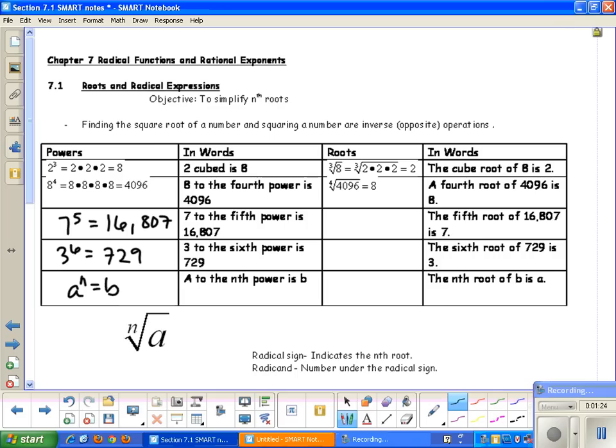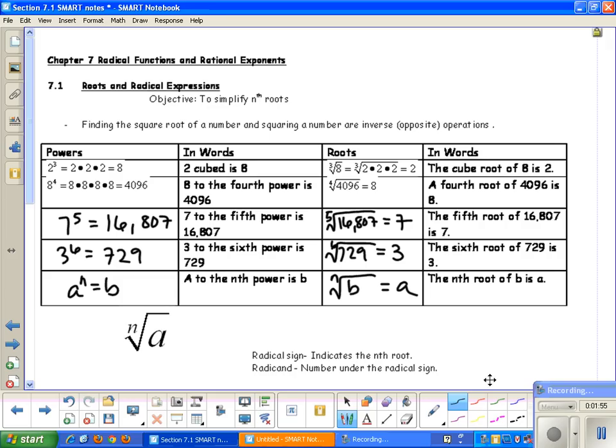Now if we want to do the inverse or the opposite of that, we would say that the fifth root of 16,807 is equal to 7. The sixth root of 729 is equal to 3, and this says the nth root of b would then be equal to a. And so there's some things we have to talk about.